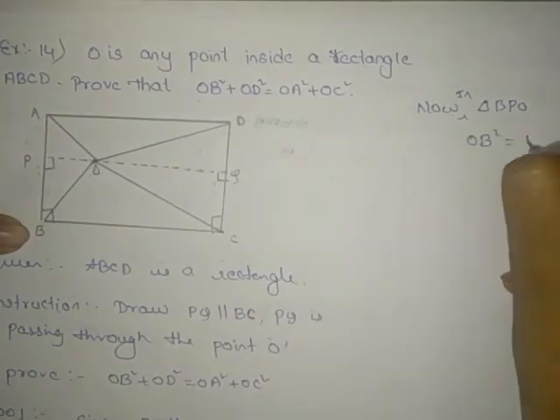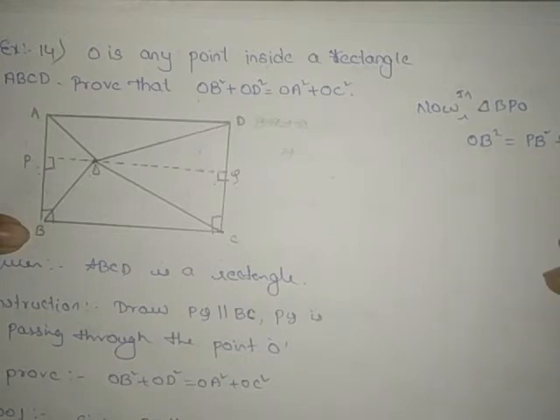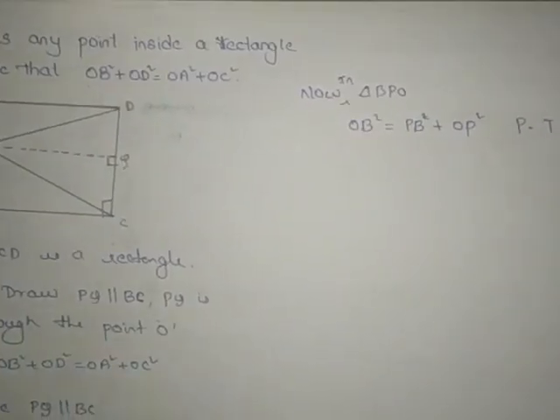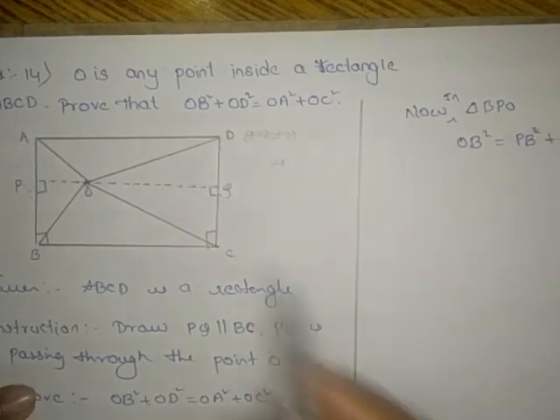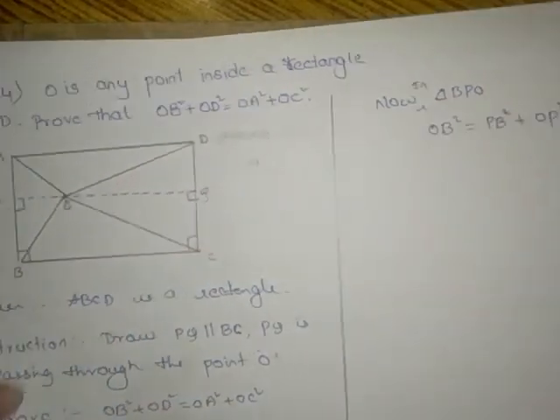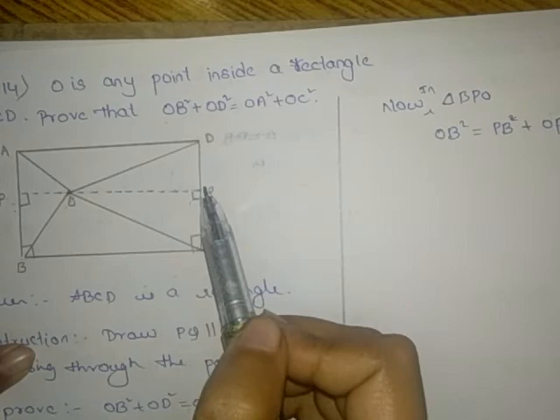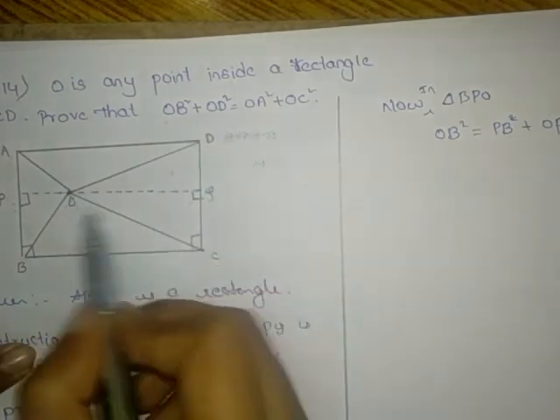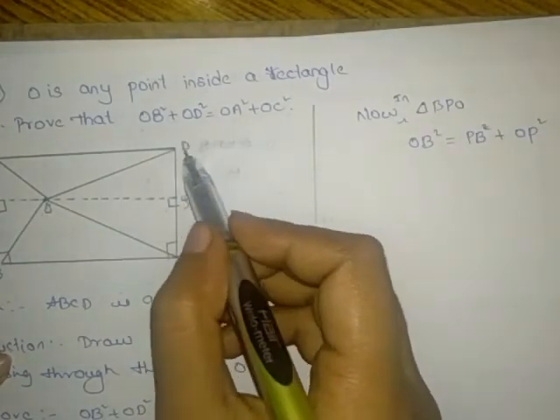Now in triangle BPO we'll apply the Pythagoras theorem. OB square is equal to PB square plus OP square by Pythagoras theorem, right? Next we'll take one more triangle which contains side OD. Which triangle we need to consider? Right angle triangle OQD we need to take, or we can take DQO.